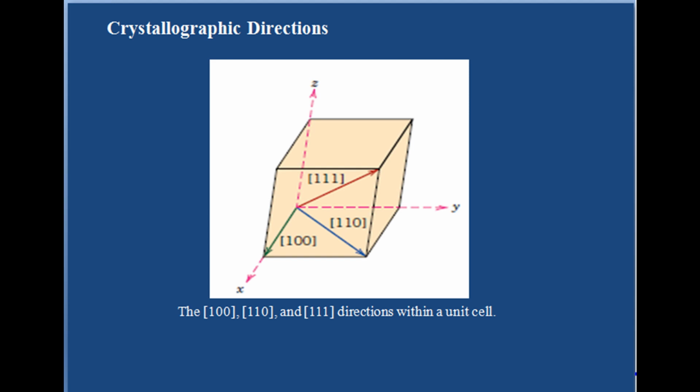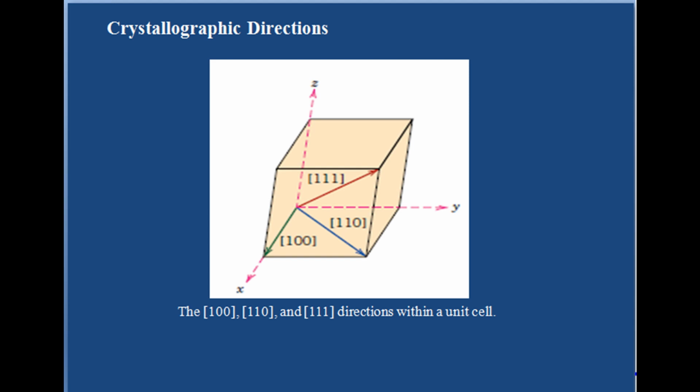Thus, [u v w], where the u, v and w integers correspond to the reduced projections along the x, y and z axes respectively. For each of the three axes, there will exist both positive and negative coordinates. Thus, negative indices are also possible, which are represented by a bar over the appropriate index.